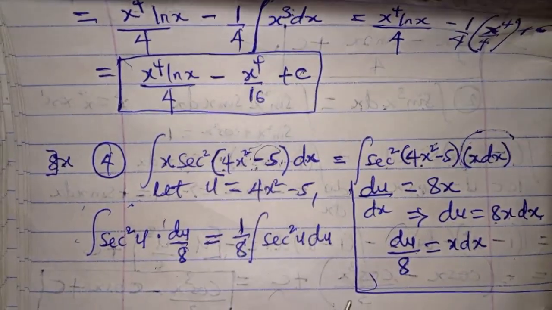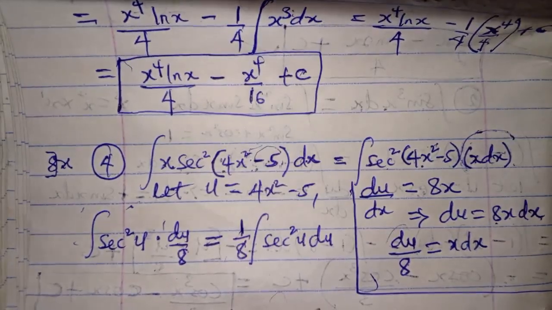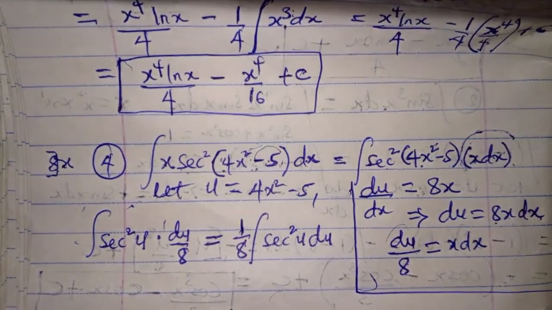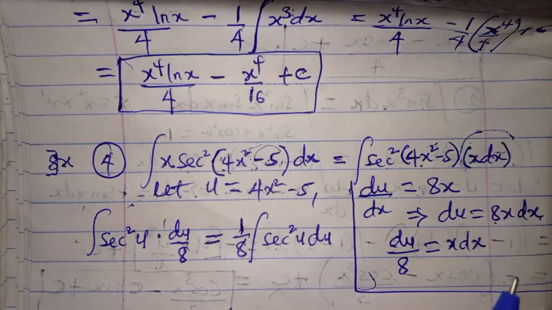So what is the integral of sec squared u du? The derivative of tan x is sec squared x. That means the integral of sec squared x is tan x. So when we're talking about the variable u now, if the derivative of tan u is sec squared u, then the integral of sec squared u will be what? Tan u.